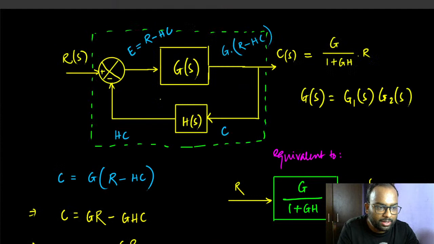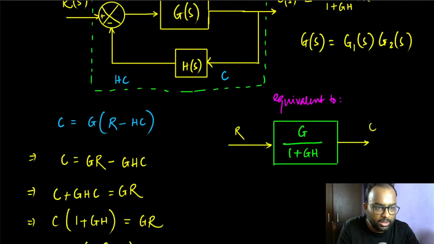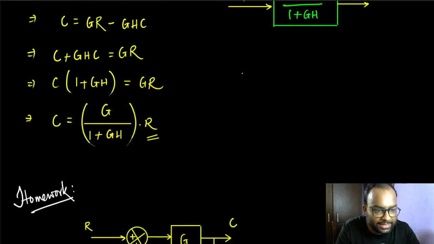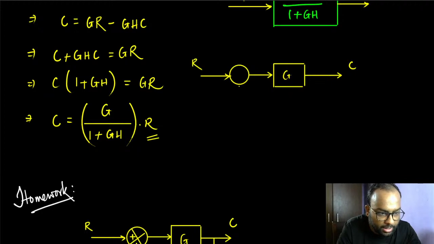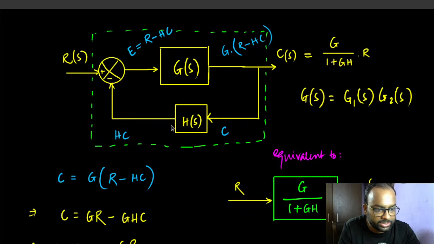And here, let's say H is equal to 1. So if I have H is equal to 1, in that case, we have this sort of a structure, with a transfer function G there. Okay. And this is again C, and this is again R. And if H is equal to 1, that's the feedback transfer function, which is equal to 1.